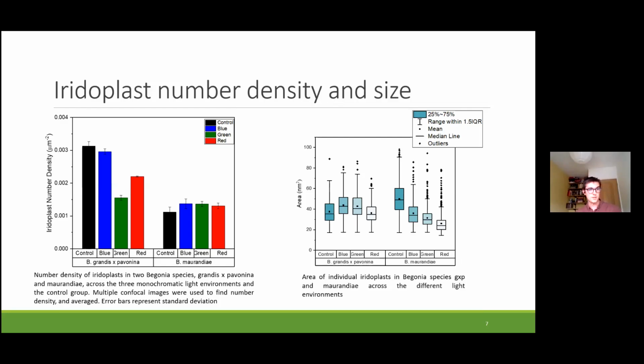This other species, Begonia Morandiae, was chosen by me for being a fast-growing, low-growing creeper style plant with a very large number of leaves, and it also shows iridoplasts.